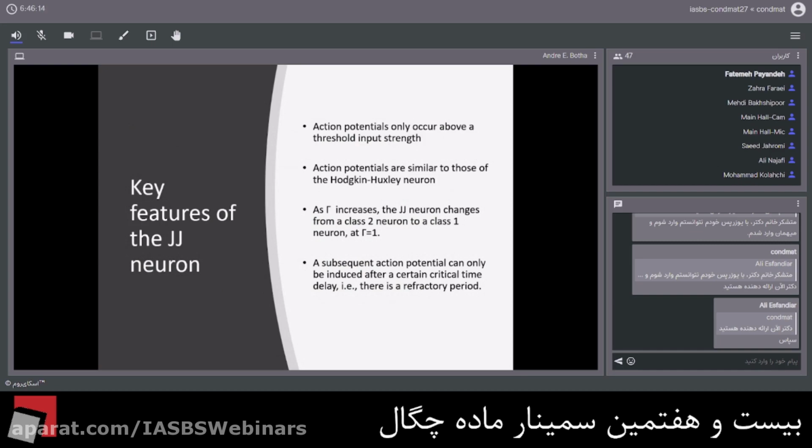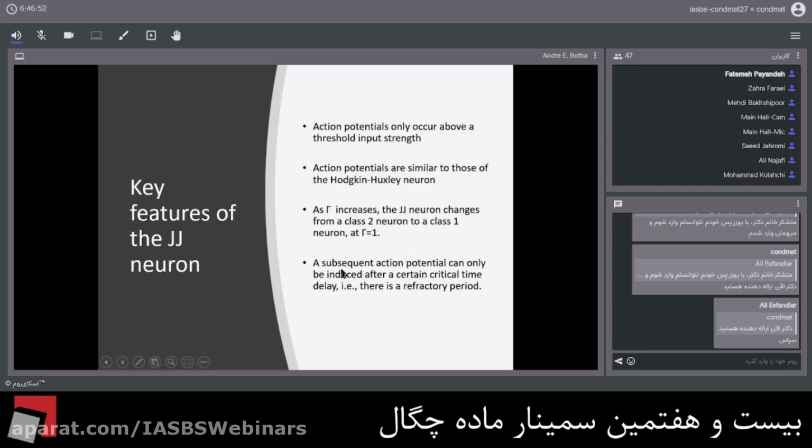Now, the junction model that I've described has some very attractive key features that have been mentioned in the literature. One of them, as I've already mentioned, is that the action potentials only occur when the input is above a certain threshold. The second one is that the action potential that the junction provides actually matches very closely that of another model, which is considered to be one of the best models around.